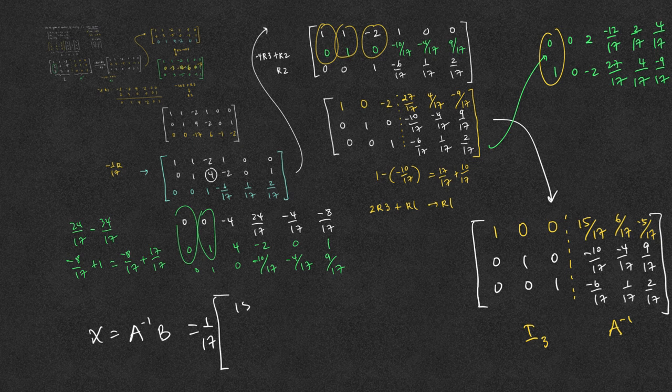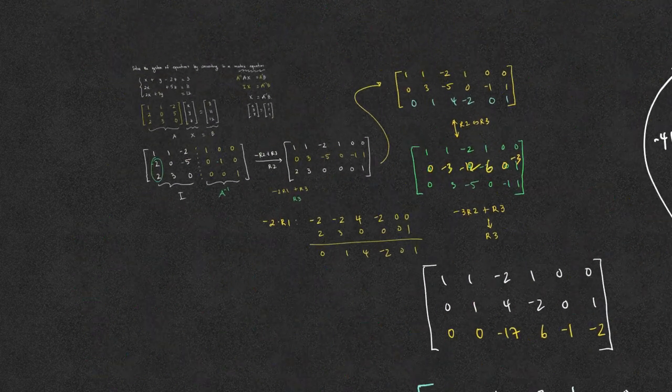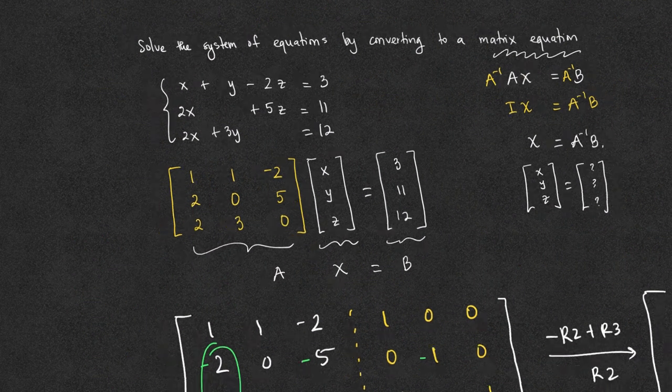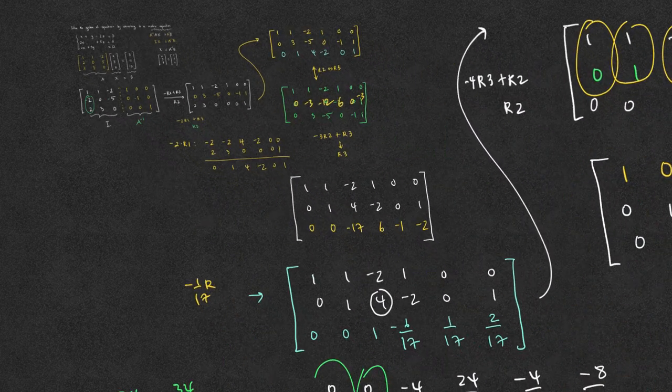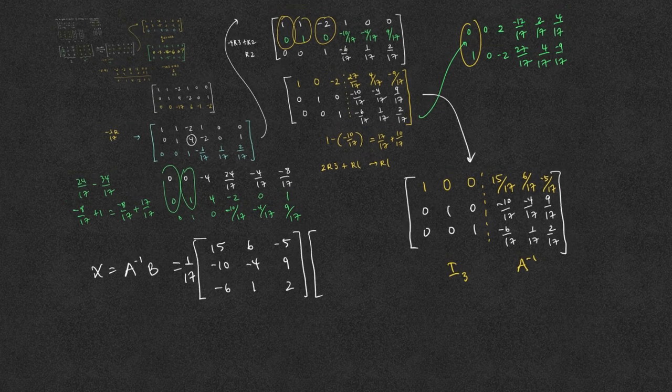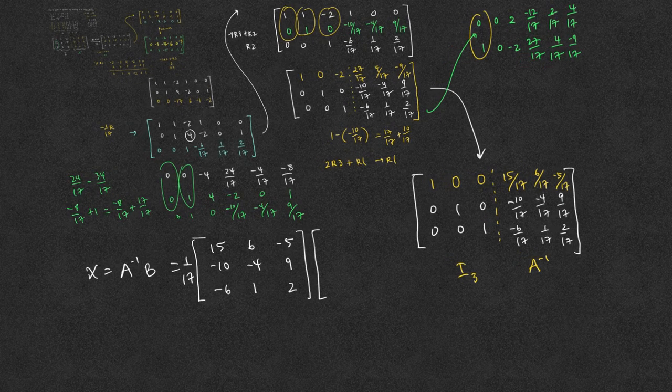We obtained 15, 6, negative 5, negative 10, negative 4, 9, negative 6, 1, 2, and we multiply by the matrix of the numbers on the right hand side of the given system of equations, 3, 11, 12. That is the matrix B. The matrix B is 3, 11, 12.